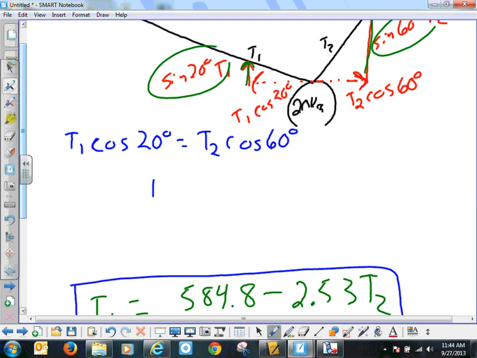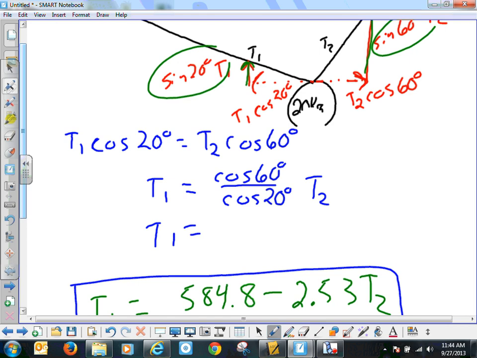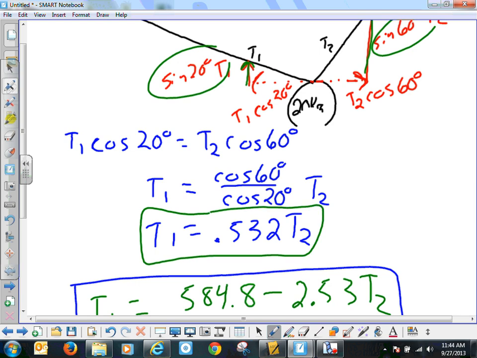Okay, so T1 then is going to equal cosine 60 divided by cosine 20 T2. Okay, so T1 then equals what? 0.532 T2. Okay, so now we have our second equation here. So now we just start putting them together.